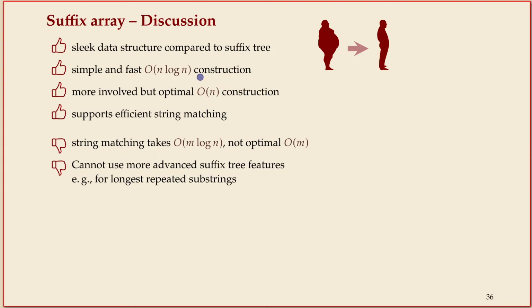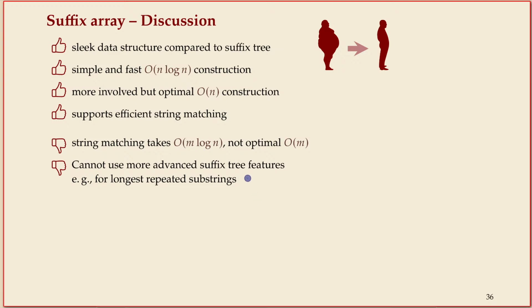And we can use this to do string text indexing or string matching in a very good time, just logarithmic in the length of the text, only slightly slower than what the suffix trees gave us. But it is slower, so at least from a theoretical perspective, you might not be 100% happy yet.